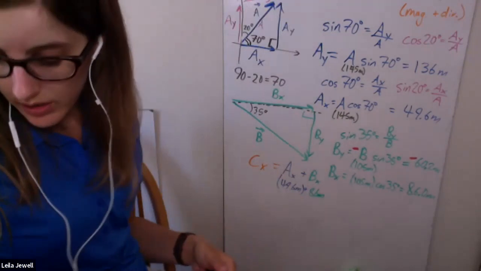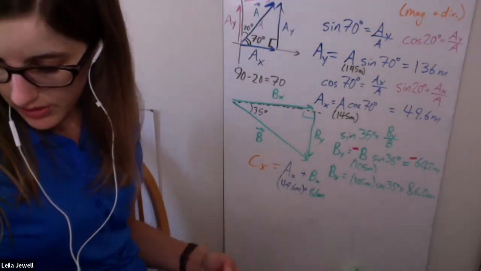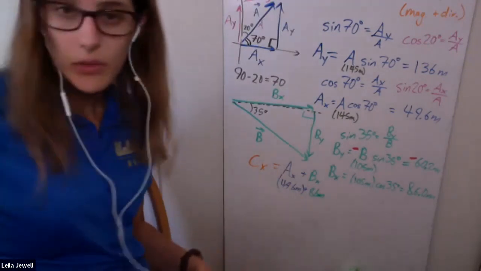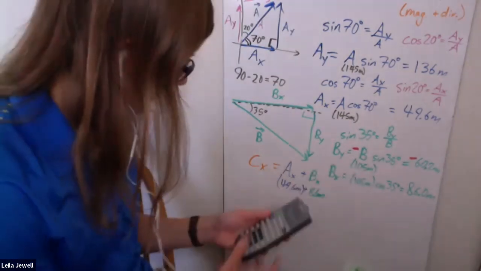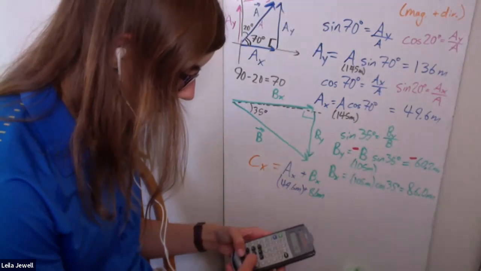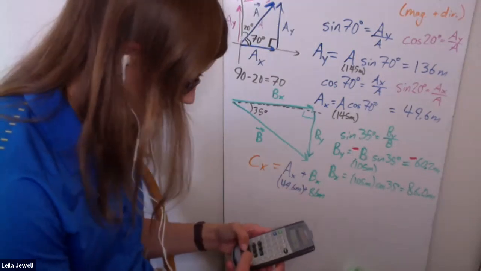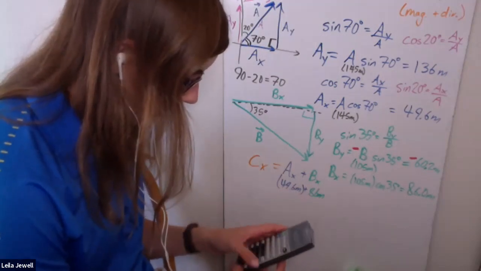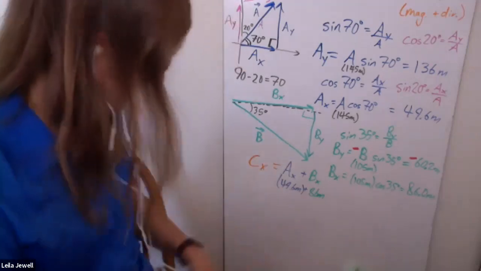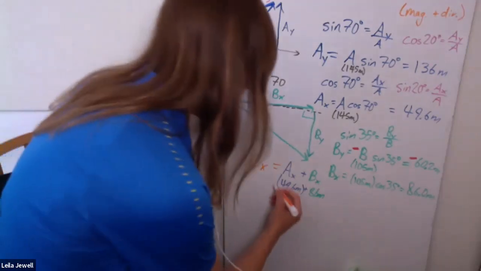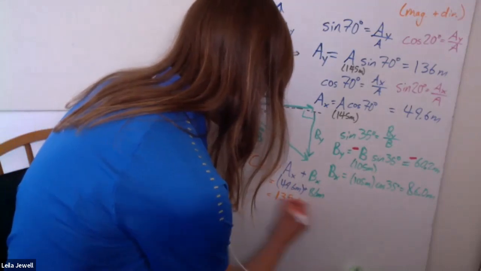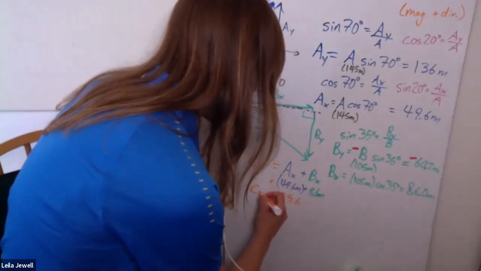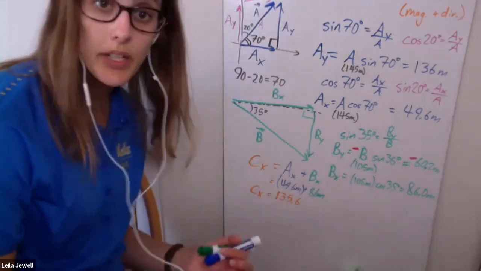And what we'd get when we added those together, actually I don't have it written out in my notes, but I can add them right here. It doesn't hurt to wait until the very end to do that. 135.6. So that is our C sub x.